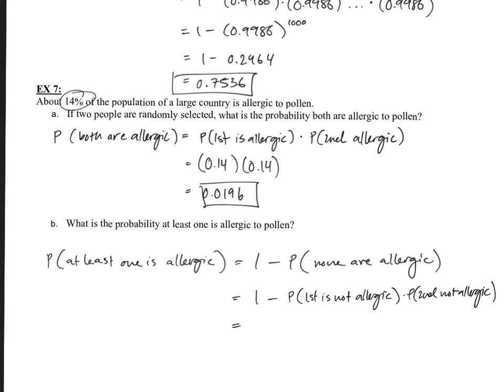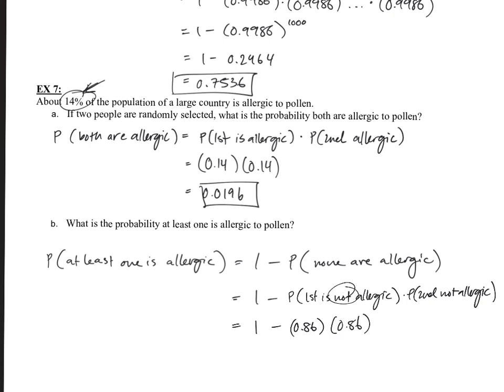Well, if the probability the first guy is allergic is 14%, the probability that he's not allergic would be 100 minus 14, which is 86%. So 1 minus the probability the first is not allergic, 0.86, or we'll leave it as a decimal, times the probability the second is not allergic, which is the same, 0.86.